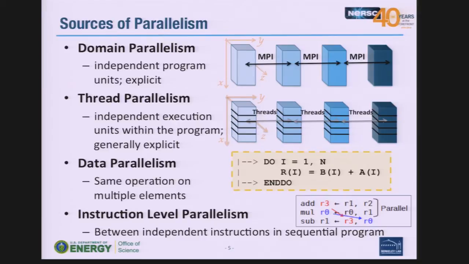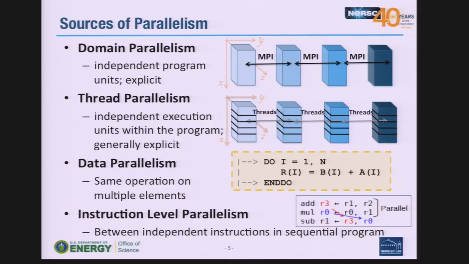Okay, so here are the different levels of parallelism that could be in your code. The challenge for you as a programmer is, this one you can't do that much about. Either the hardware and software capabilities are there, and your application has dependencies or it doesn't. This has been there for a long time, and you can't do that much about it.